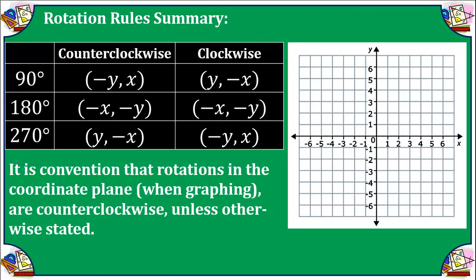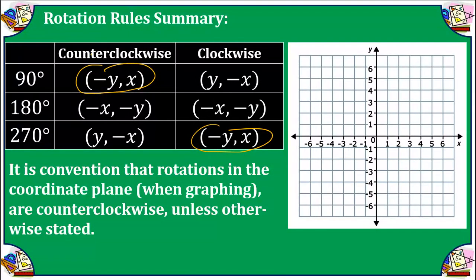So here is a little summary of 90 degrees counterclockwise. Then we have 90 degrees clockwise. And then the 180, either direction you go, it's the same rule. And then we have 270 counterclockwise, and it has an opposite rule clockwise. So please take note that this rule is the same as this.